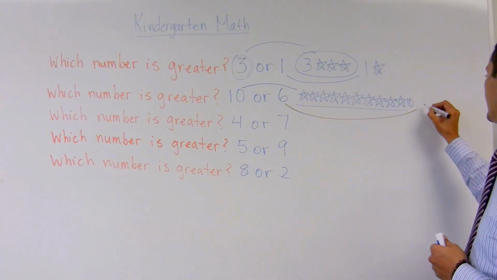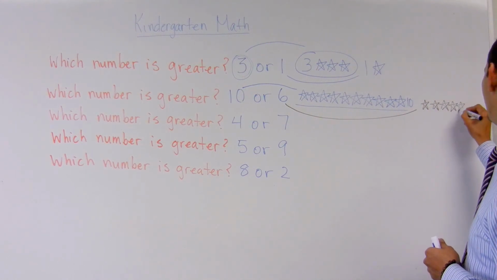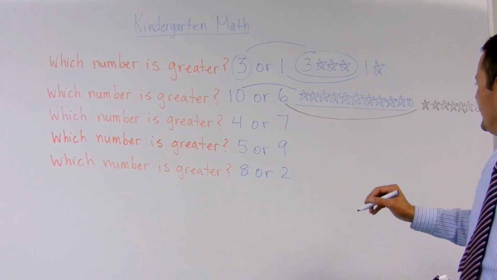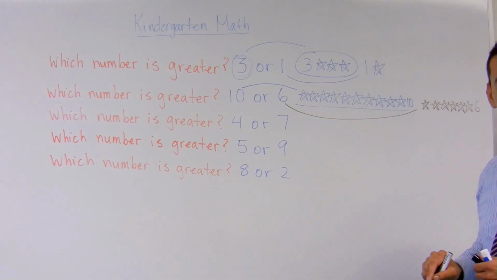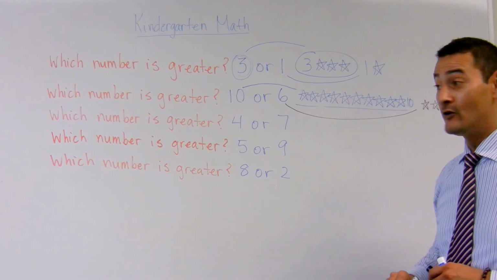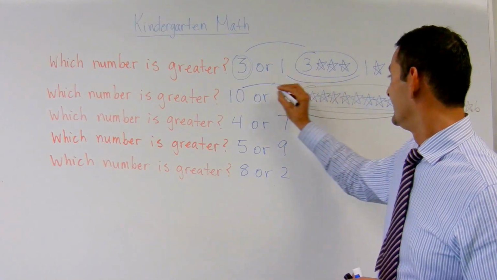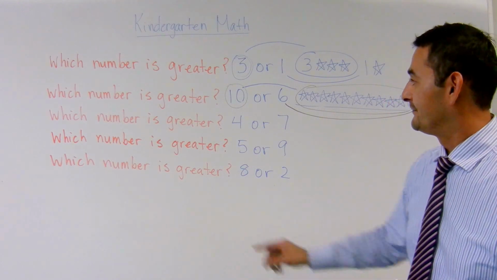And I'm going to draw 6 stars. 1, 2, 3, 4, 5, 6. 6 stars. So which number looks greater to you? The 10 or the 6? That is absolutely correct, boys and girls. It's the 10. 10 is the greater number. So I'm going to circle the 10. Okay? Now let's take a look at the next one.